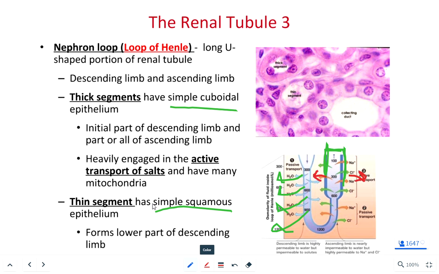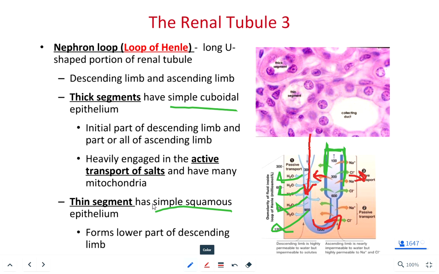So if we look at the path of fluid flow, filtrate enters the descending loop. As this really dilute, really watery filtrate enters the descending loop, it loses lots of water via osmosis. By the time it gets to the bottom of the loop, it's becoming increasingly concentrated.